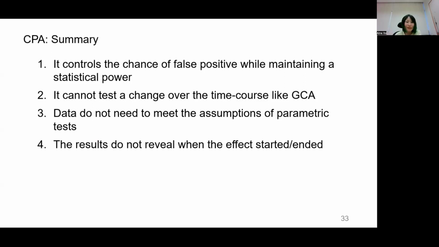But the data don't need to meet the assumptions of a parametric test because it is a non-parametric test. And the last thing to note is that the results don't reveal when the effect started or ended. So that's something to keep in mind when you interpret the results. So that's the CPA. Any questions for this part?